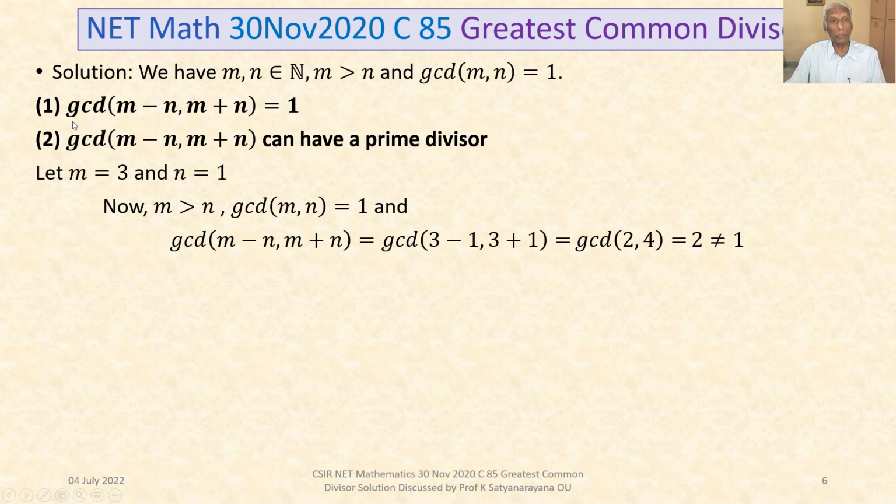So this tells you that there exists a pair of elements m, n satisfying this condition for which this is not true, and hence option 1 is not true.